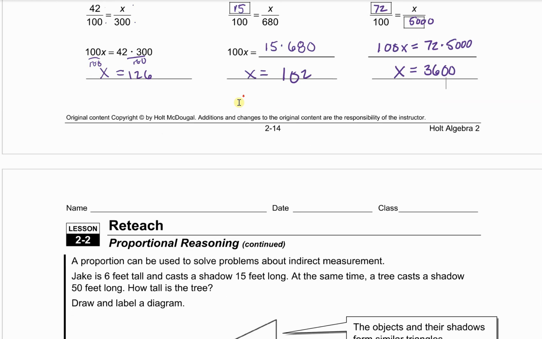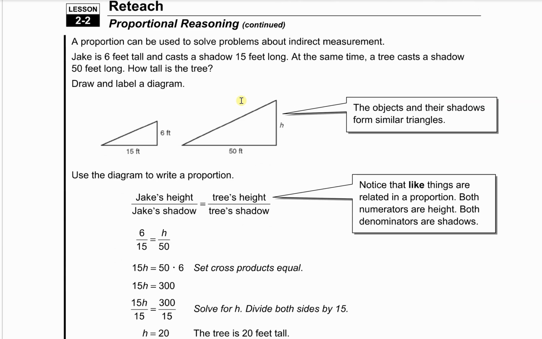All right, so that's one example. Another classic example is in a similar figure situation. Proportions can be used to solve problems with what we call indirect measurement. In fact, people use indirect measurement all the time. Construction workers, landscapers, all the time, because there's often things we have to measure the height of and we can't do it directly.